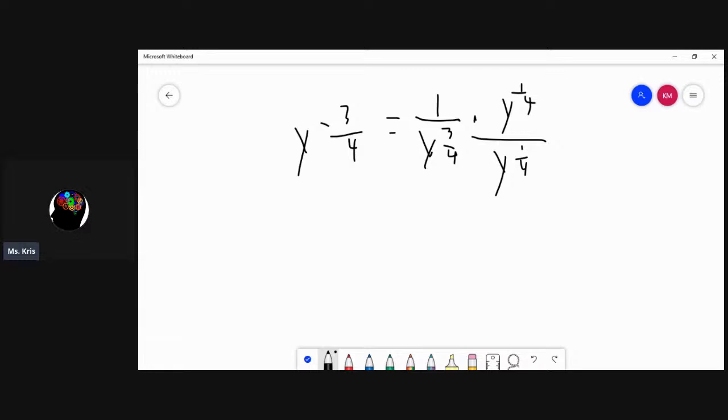Now, the reason why you can do that is because, of course, 3/4 plus 1/4 gives me 4/4, or y to the 1st, and 1 times y to the 4th is y to the 4th.